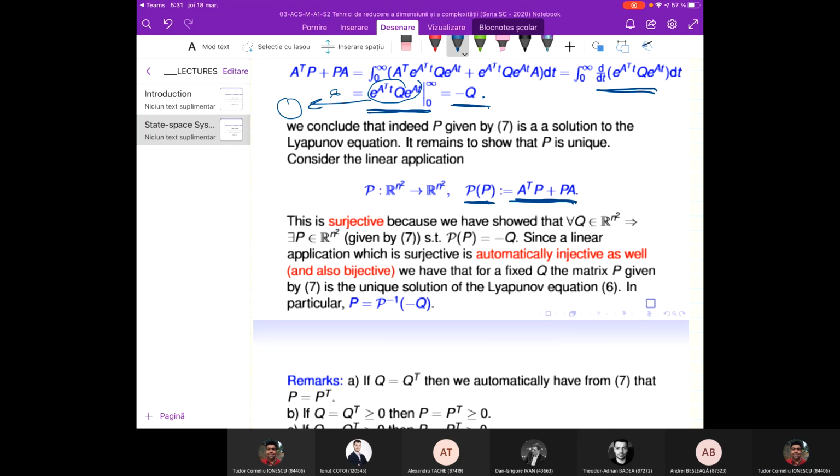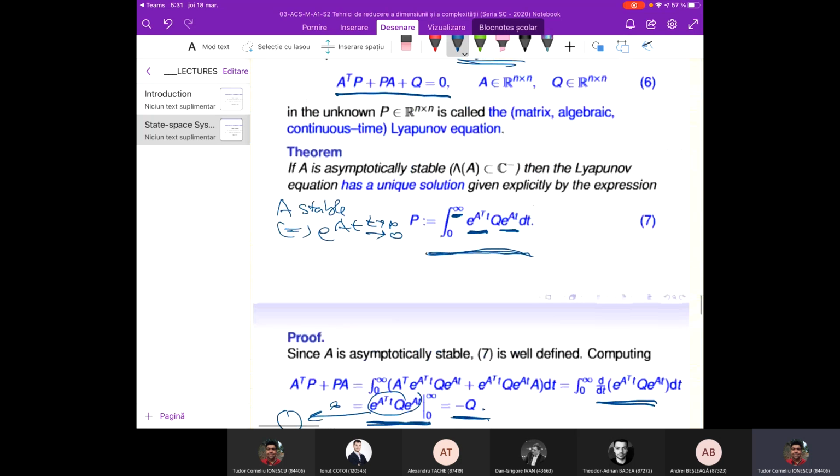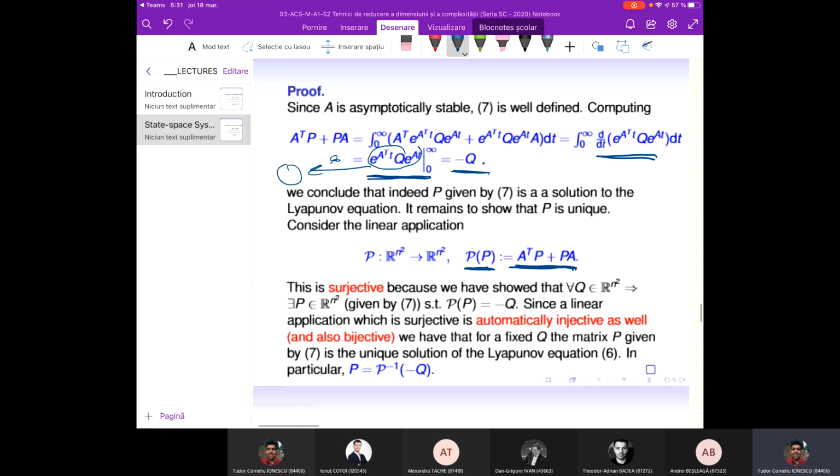So you need to prove that. I'm not going to get into details. So P in (7), if A is asymptotically stable, is the unique solution of (6). So how is this helpful in assessing the stability of the matrix A? This is the question.